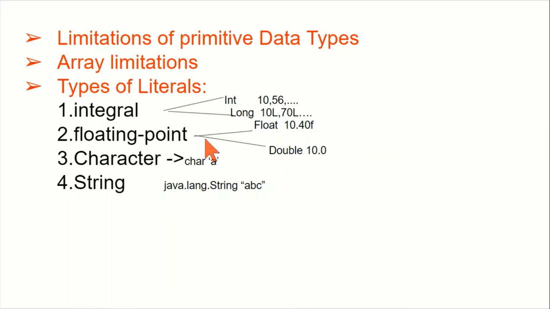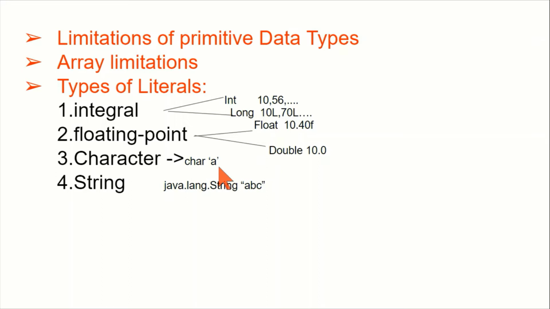Next, character literal. A single character placed inside single quotes is considered a character literal, like this. All character literals are of type char. The rule for character literal is, in single quotes we are not allowed to place more than one character.